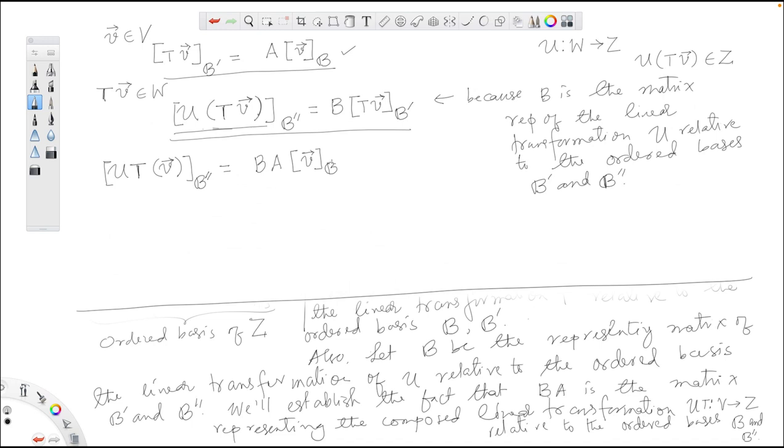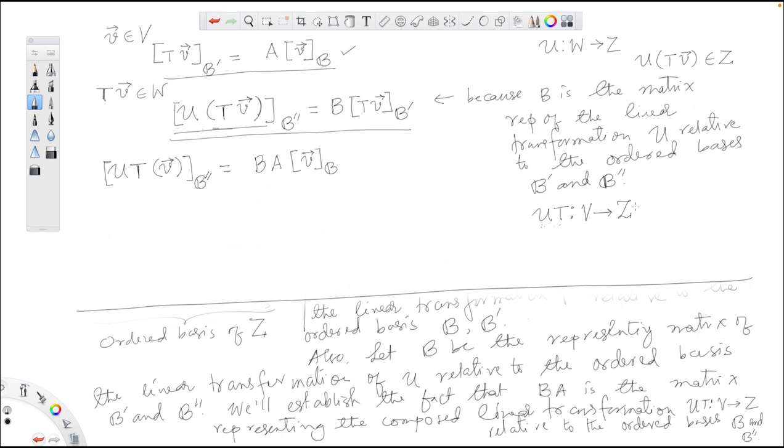Okay, now it's immediate that U composed with T is a linear transformation. So from what we studied earlier in the 7th lecture, we know that we can always compose such two linear transformations to have a composed linear transformation U composed with T, which is going to be a linear transformation from the vector space V to the vector space Z, right?